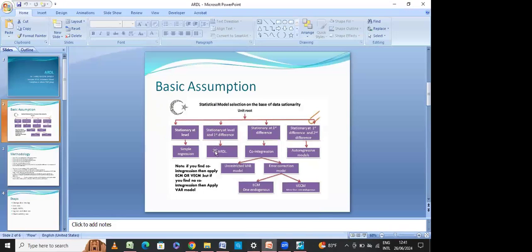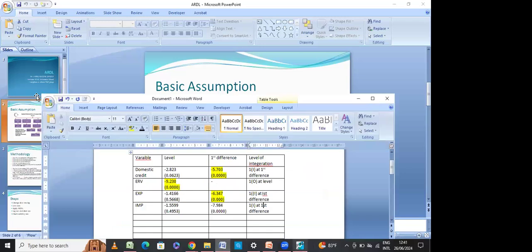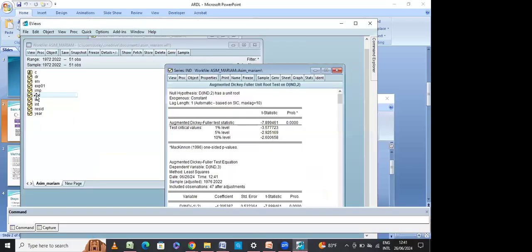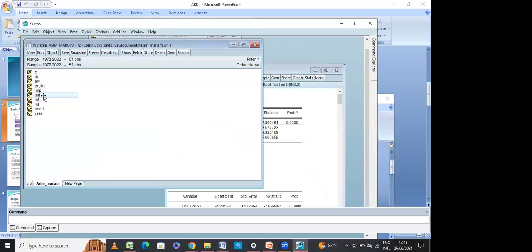according to my presentation, I can use ARDL estimation only when my variables are stationary at level or first difference. I'm not going to use my IND variable because it becomes stationary at second difference.